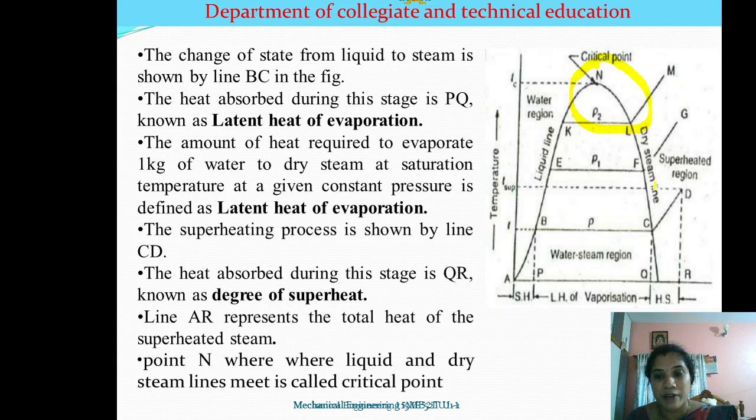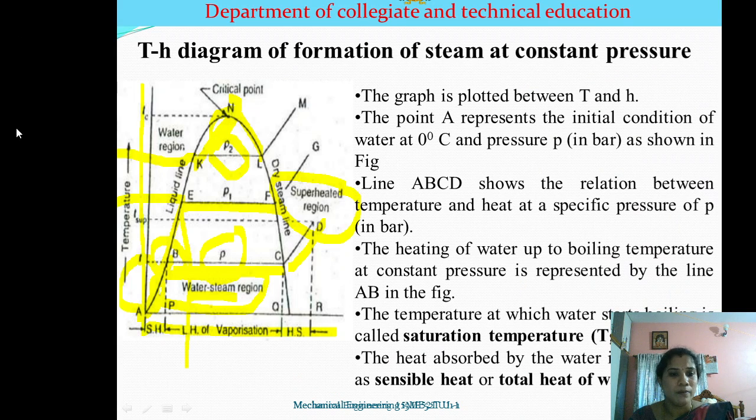So how can we define it? Let us recall the process. As the pressure is increased, there will be an increase in the saturation temperature and an increase in the sensible heat, but there will be a reduction in the latent heat of evaporation.